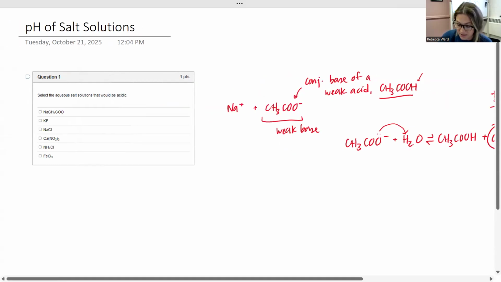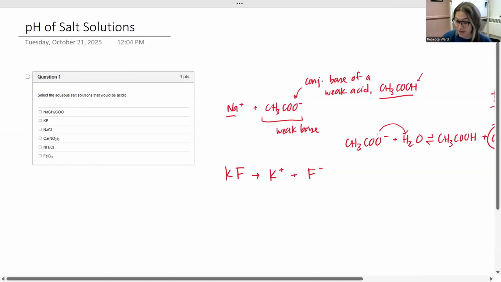All right, now we look at potassium fluoride, KF. That's going to be K plus and F minus for the same reasons that sodium plus wasn't going to have an impact on our pH. Potassium plus also is not going to have an impact. It's a group 1 metal, not very densely charged. It's not one of the transition metals that has an impact on the pH.